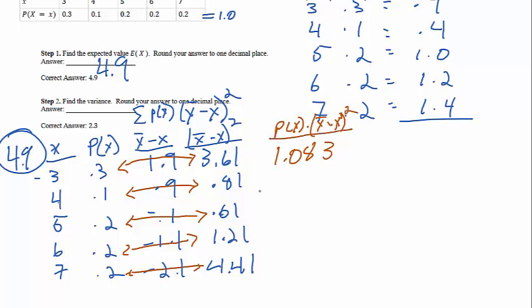But note that I haven't added them up yet. 0.81 times 0.1 is 0.081. 0.2 times 0.01 is 0.02. 1.21 times 0.2 equals 2.42. And 4.41 times 0.2 equals 0.882.